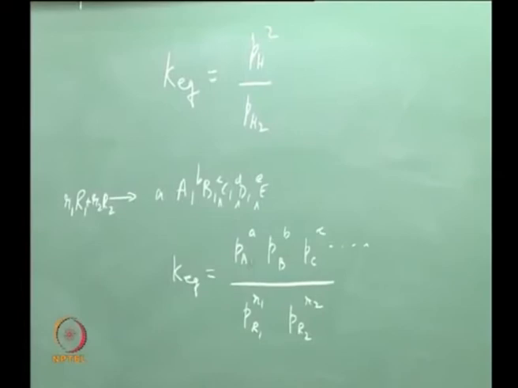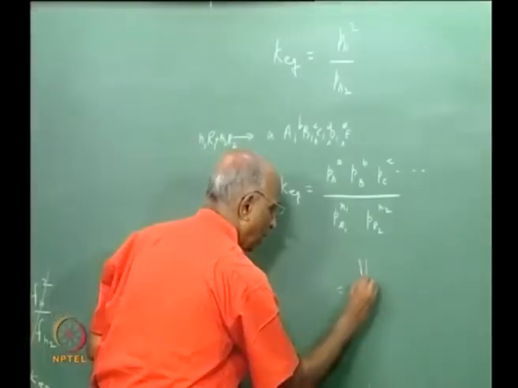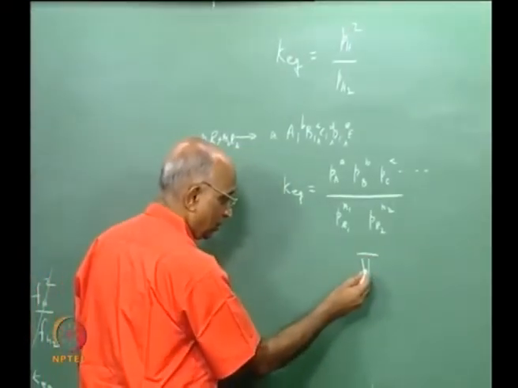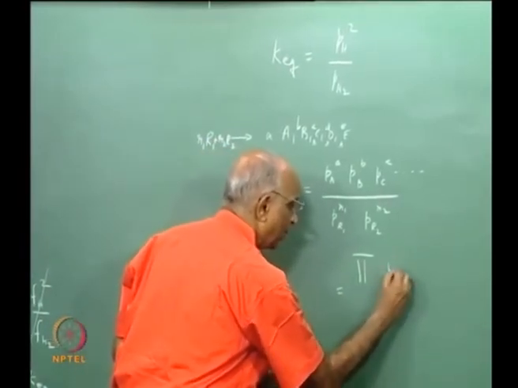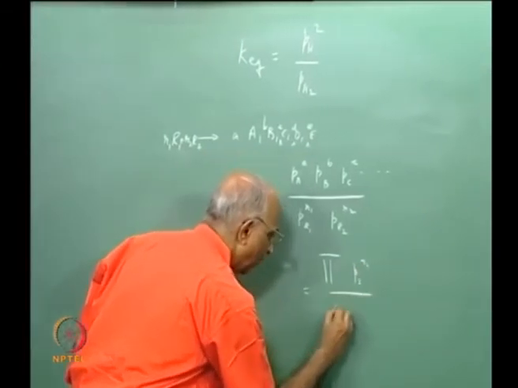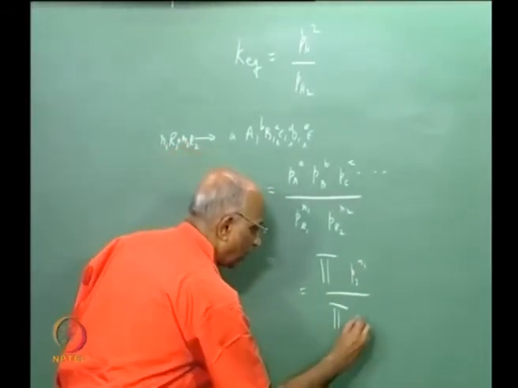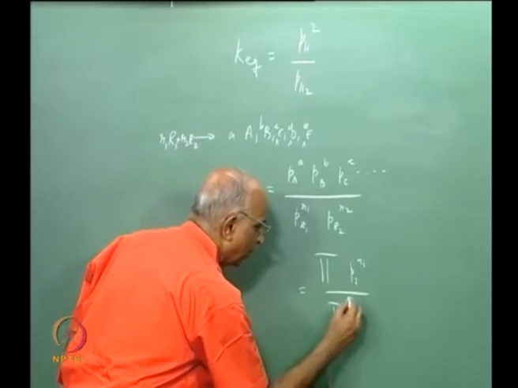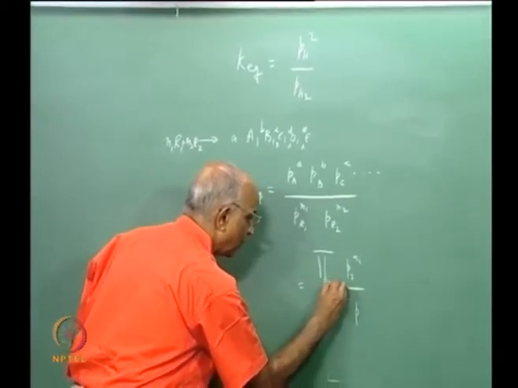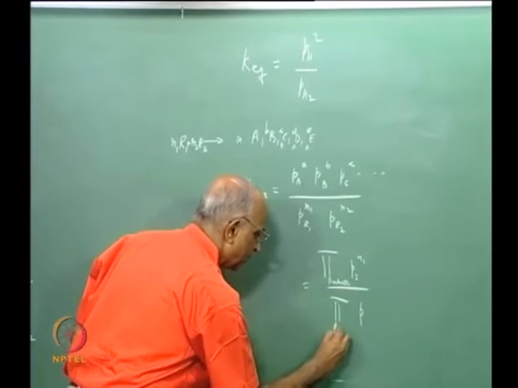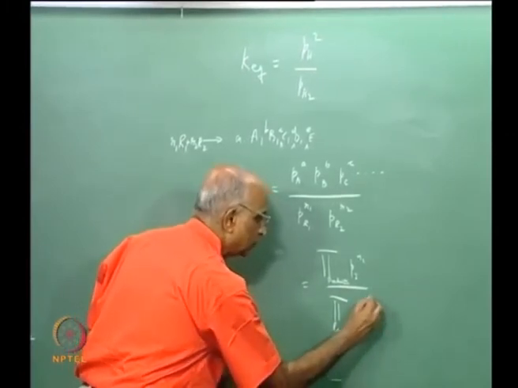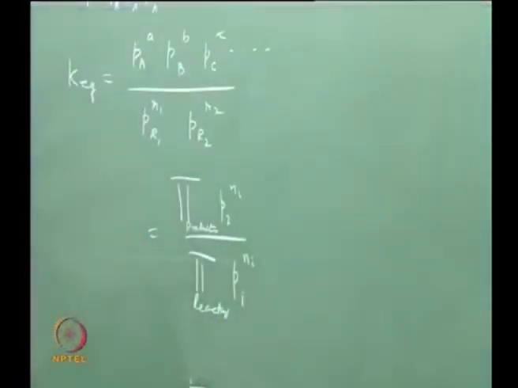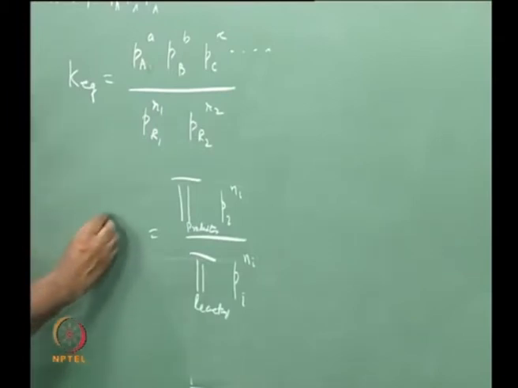In other words, for simplicity I can write it as the product of the products, Pi to the power ni, divided by the product for the reactants, Pi to the power ni. A smaller way of writing the equilibrium constant of a particular reaction.